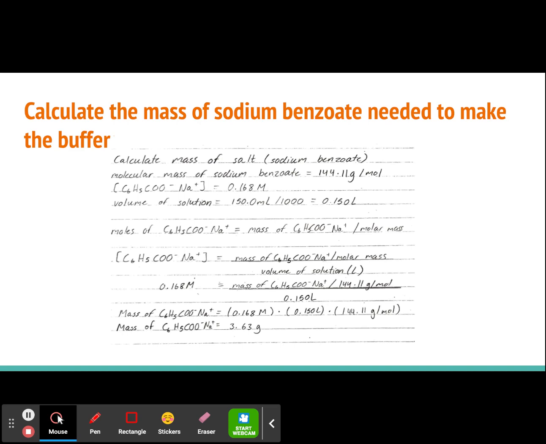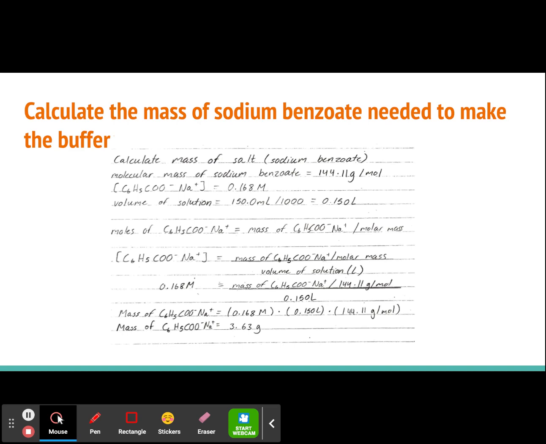And we had just solved for the concentration of the conjugate base, which is 0.168. And we are given the volume of the solution, which is 150.0 milliliters, but we need to divide that by 1,000 in order to get the volume in liters, which is 0.150 liters.